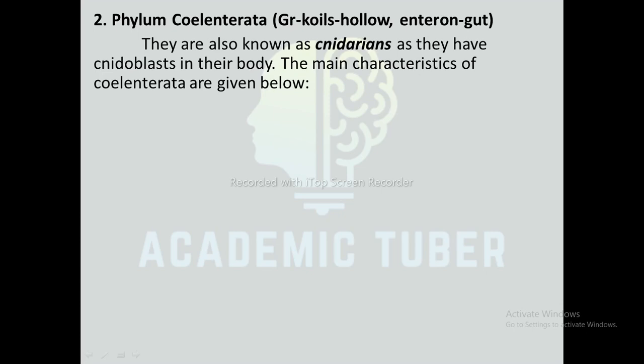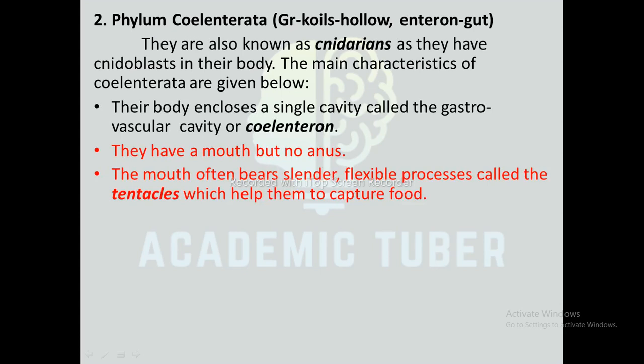Second one is Phylum Coelenterata. They are also known as cnidarians as they have cnidoblasts in their body. Main characters of Coelenterata are their body encloses a single cavity called the gastrovascular cavity or coelenteron.